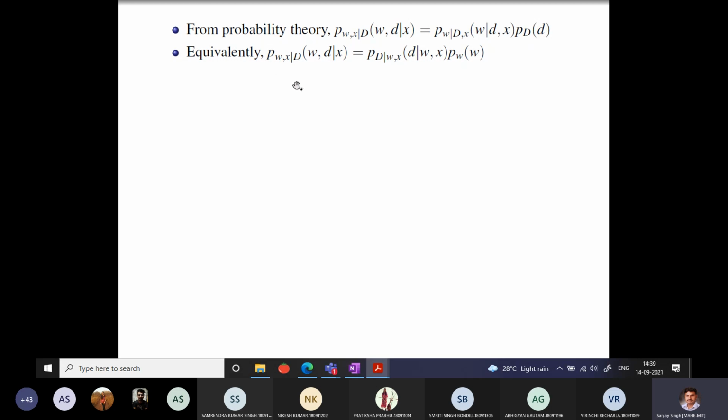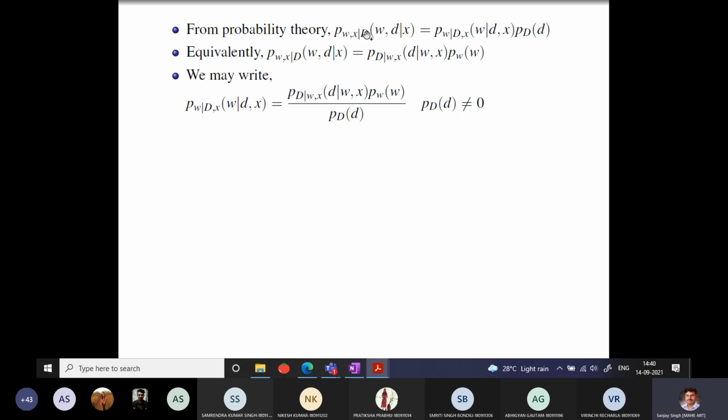Equivalently, I can say P(D | W, X) multiplied by P(W). It is another way of saying the same thing, and both will have the same value. So I can compare this with this, and finally you'll be able to find something.